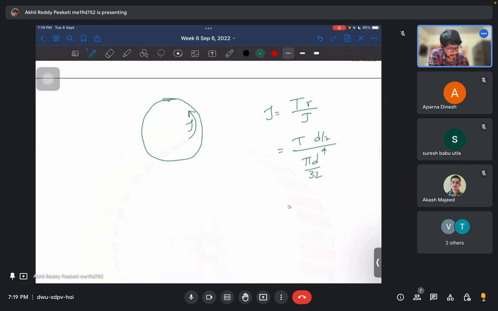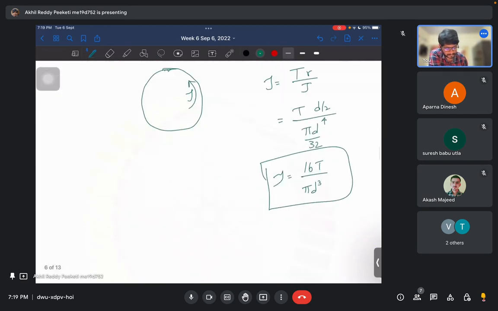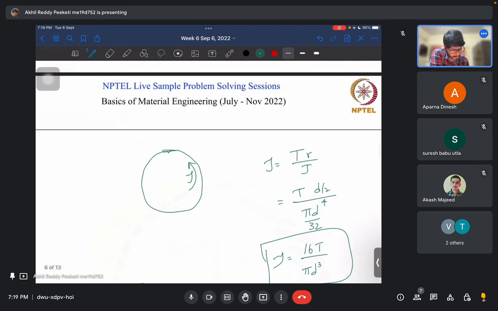This eventually boils down to 16 T by pi d cubed. But here the torque is equal to F into A, where A is the arm length. So tau is 16 F A by pi d cubed.